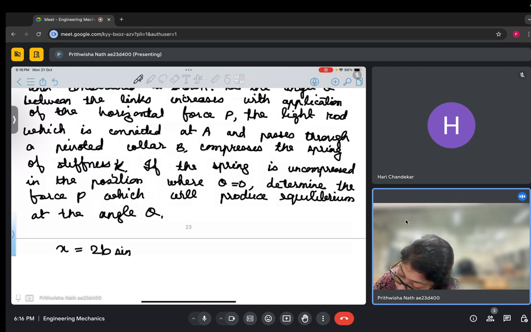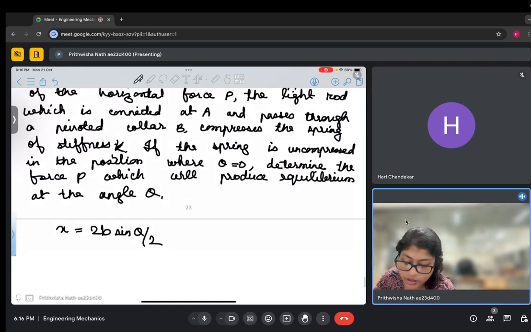Now what is the elastic potential energy stored?